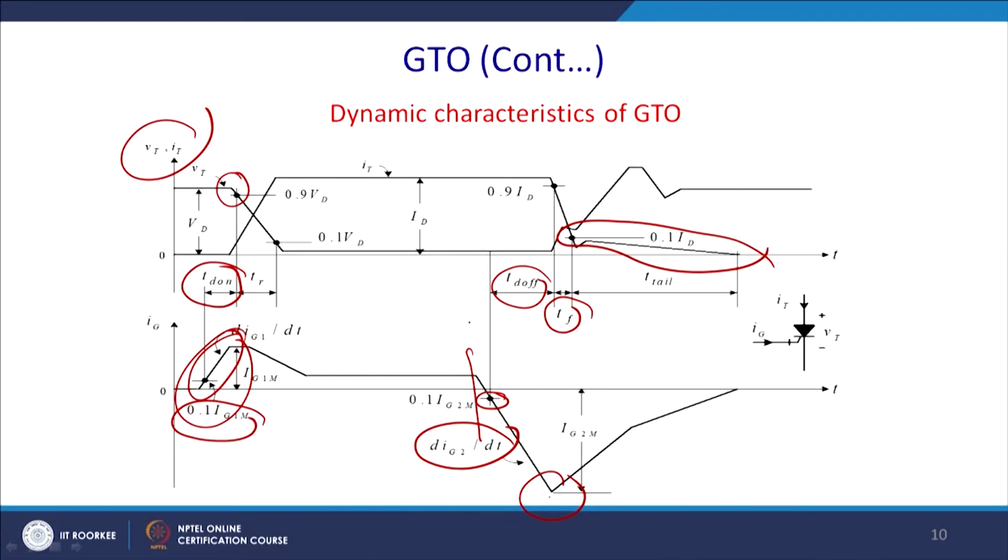A huge negative gate current is required to achieve commutation or turning off. For this reason, GTO is quite a slow device compared to the IGBT.